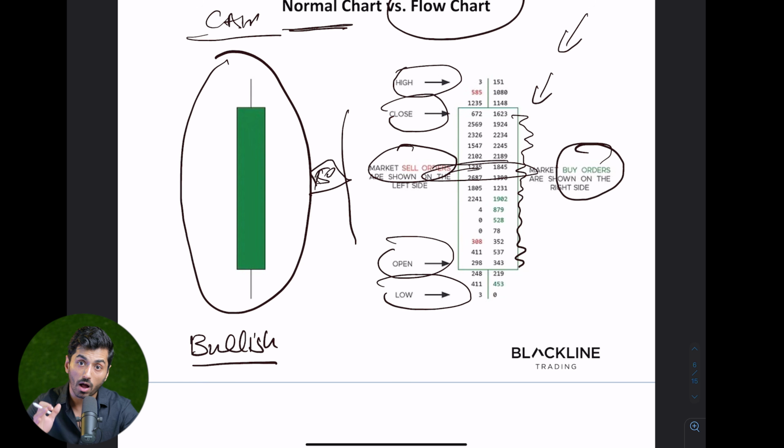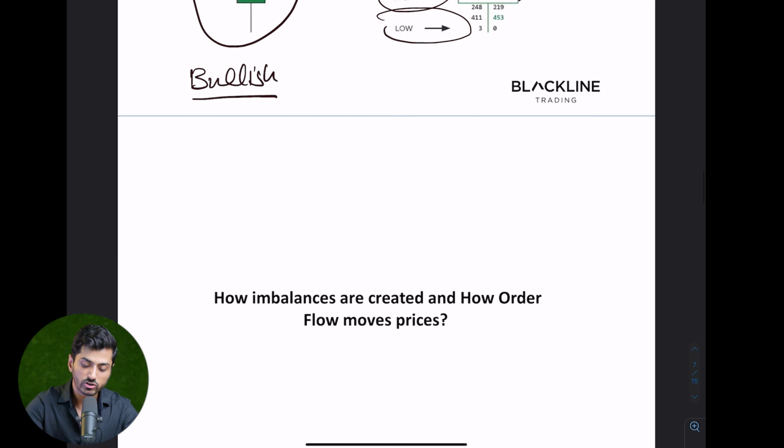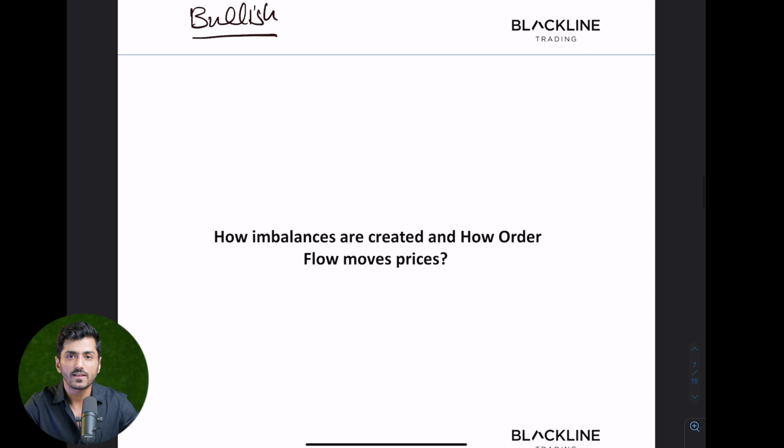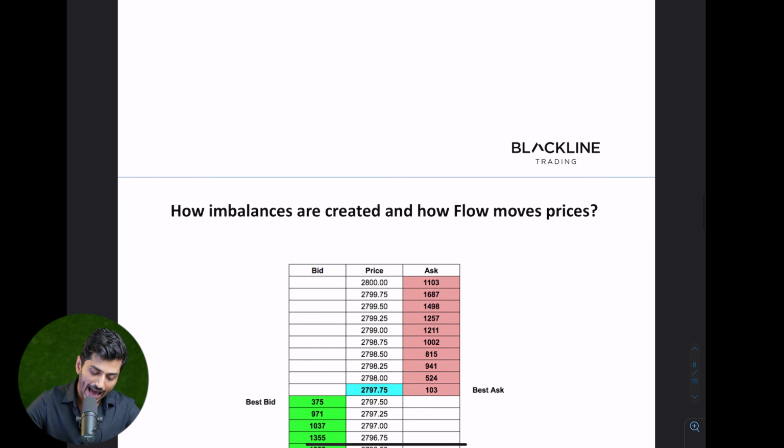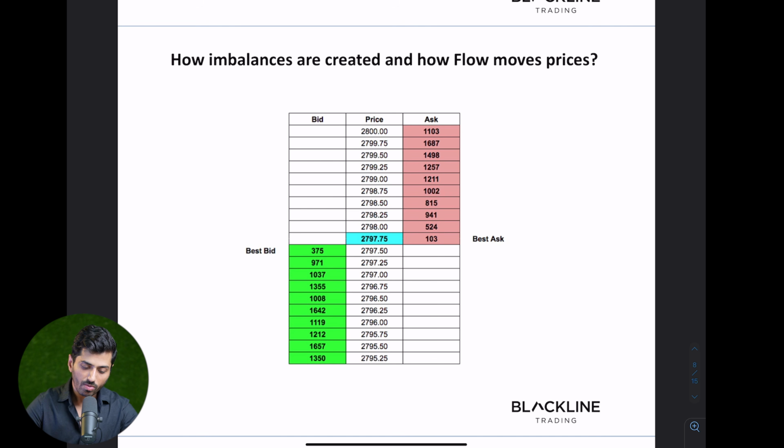Now, having that part understood, let's take a step further and try to understand how imbalances are created and how order flow moves the price, right? So let's look at the imbalances. As we have previously discussed, this is how an order flow chart will look.